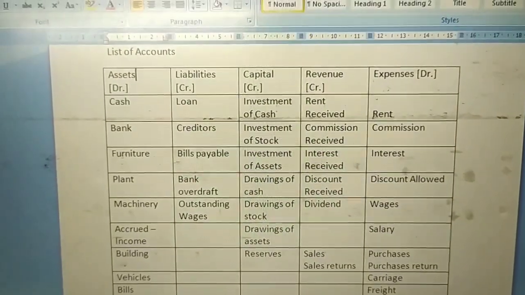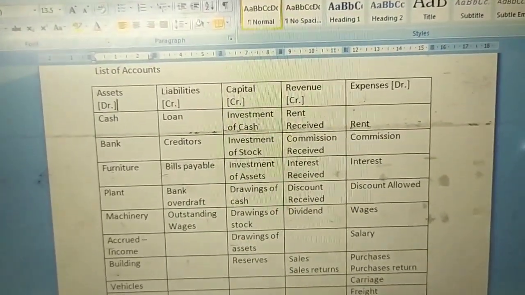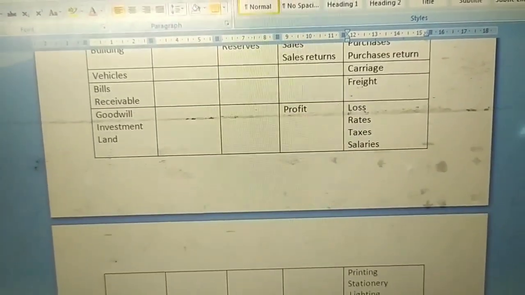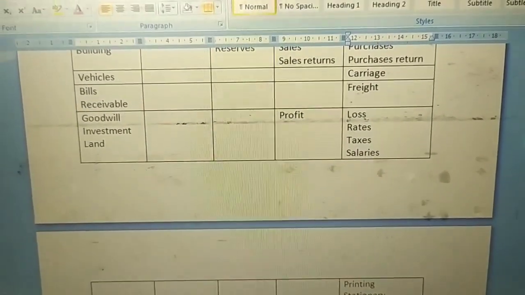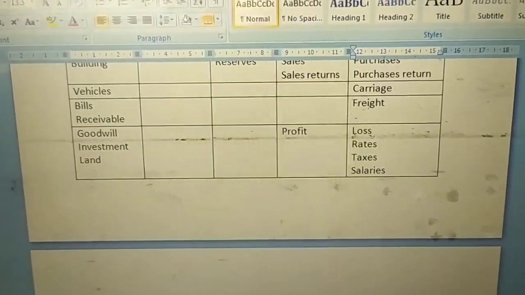Then there is carriage, freight. Carriage and freight are nothing but charges.